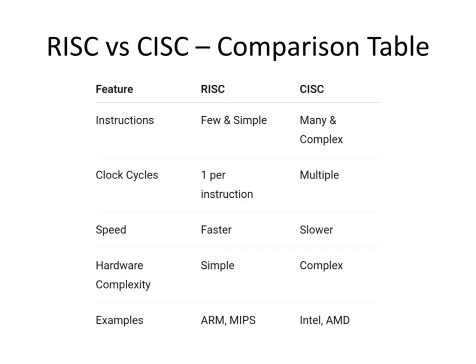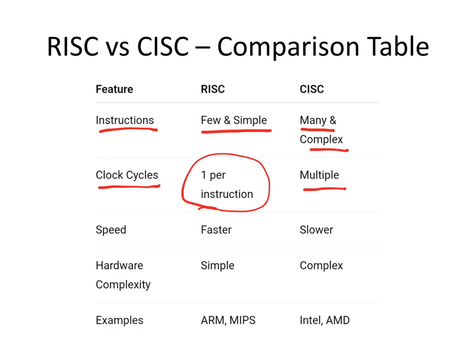Now let us see the comparison table. I have already explained the features, and this comparison table comes from them. If we talk about the instructions, RISC uses a small, simple instruction set with few instructions, whereas CISC has many instructions that are complex. Next, for clock cycles, RISC takes only one clock cycle per instruction, while CISC takes multiple clock cycles.